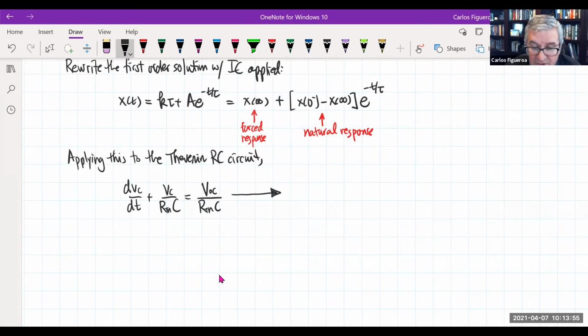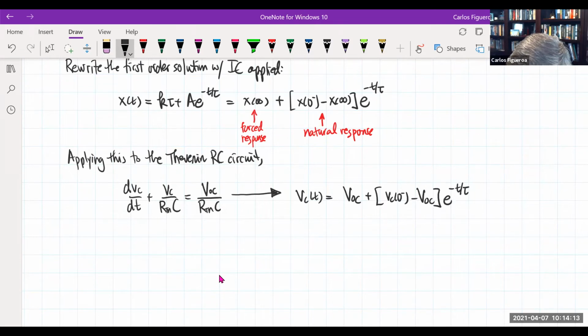The solution is going to look like this. It's going to say that VC of t is going to be equal to VOC plus the initial condition of the capacitor minus VOC times e to the minus t over tau, where tau is RTH C. This is what we were after.